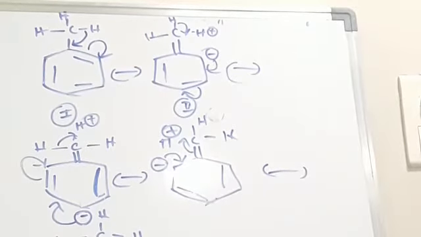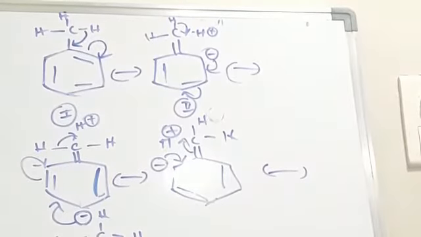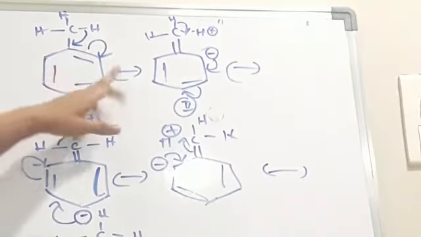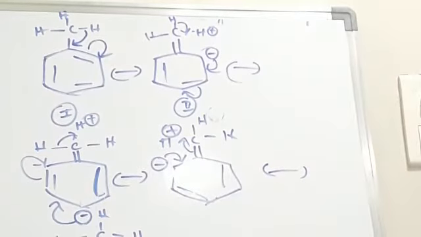So the alkyl group directs electrophilic substitution reactions towards the ortho and para positions. So this is the directive influence of the alkyl group in aromatic compounds.